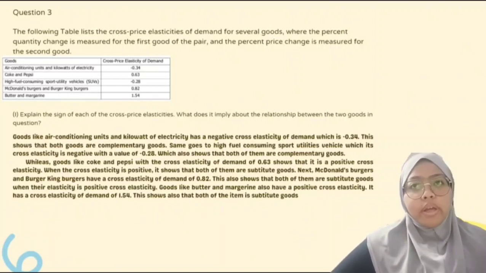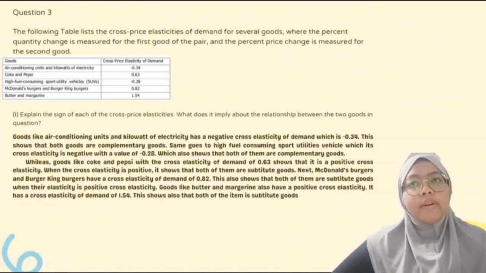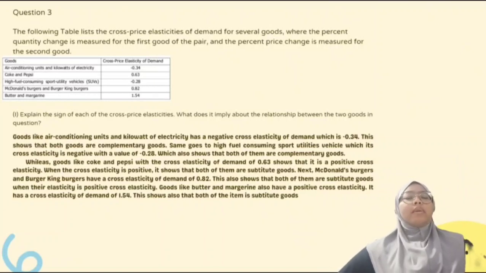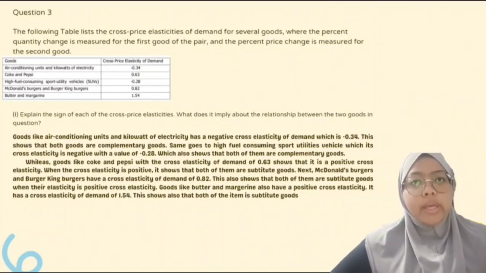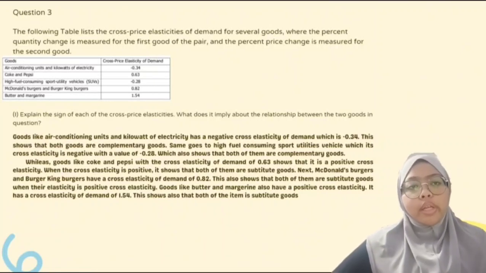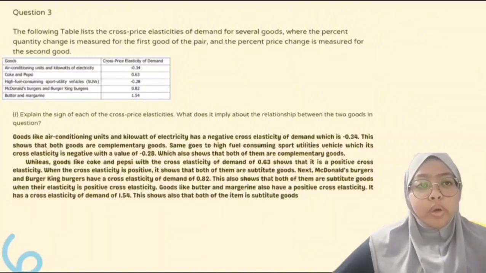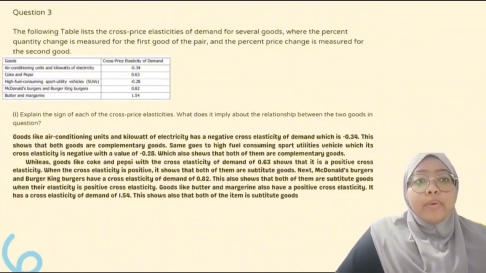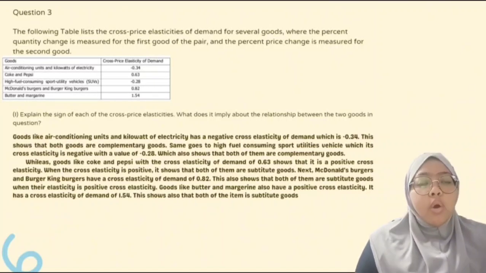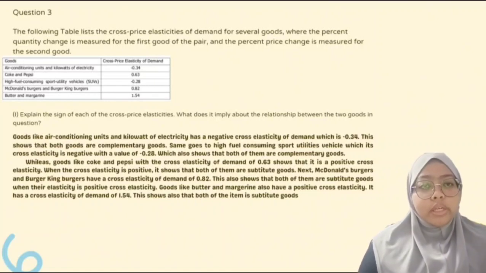Number 2, Coke and Pepsi with 0.63. Number 3, high fuel consuming sport utility vehicles, which is negative 0.28. And we have McDonald's burgers and Burger King burgers, which is 0.82. And lastly, butter and margarine, which is 1.54. Question number 1: explain the sign of each cross price elasticity. What does it imply about the relationship between the two goods in question?